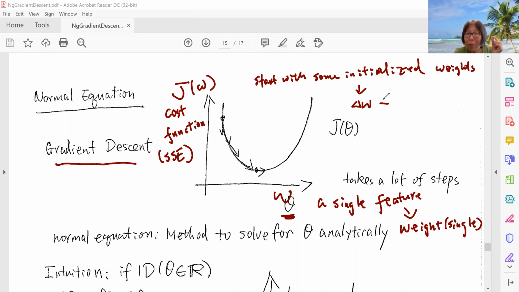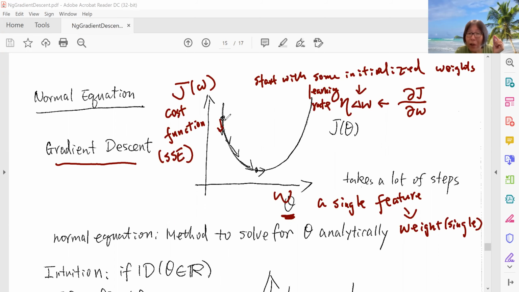When you update the weights, it depends on the derivative of the cost function regarding the weight, and we also need to consider the learning rate.